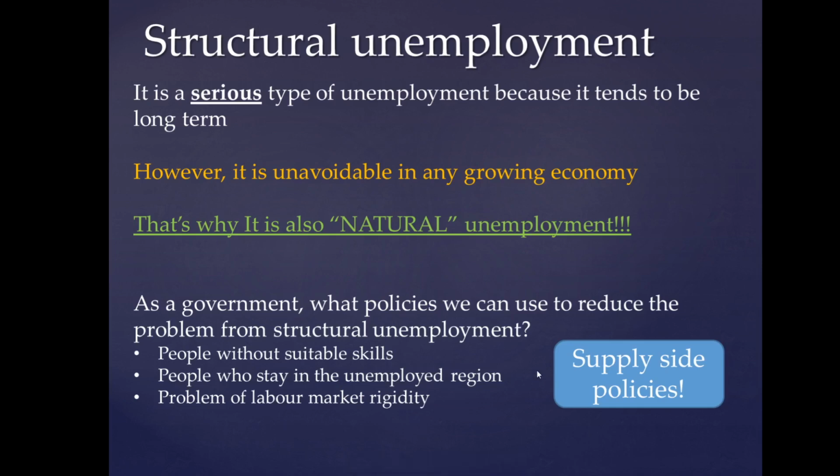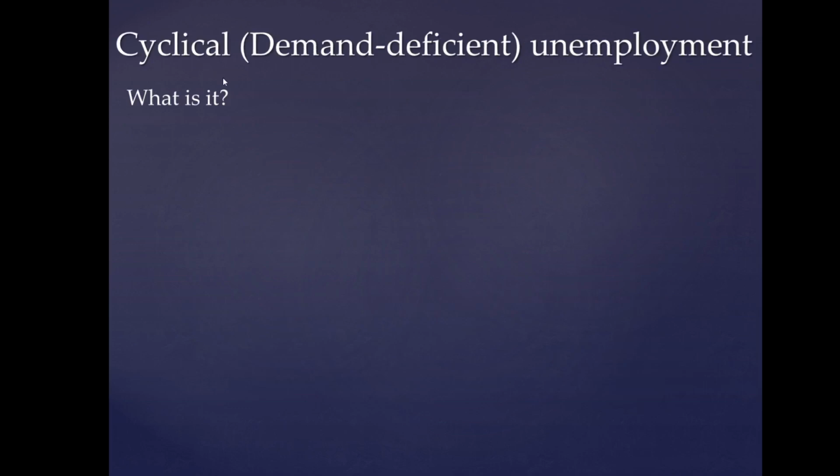All right, so let's go to the last one. The last one is basically very straightforward: cyclical unemployment, or you can say demand deficient unemployment. When you look at the term, you know what is going on. Can someone quickly tell me what that is?